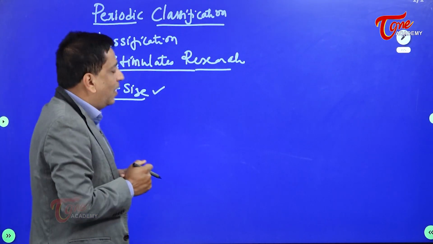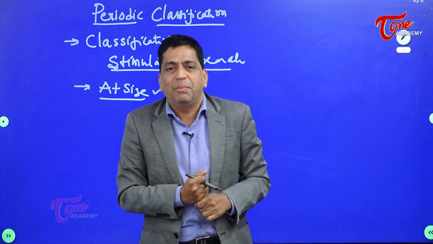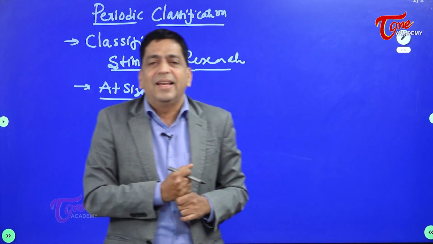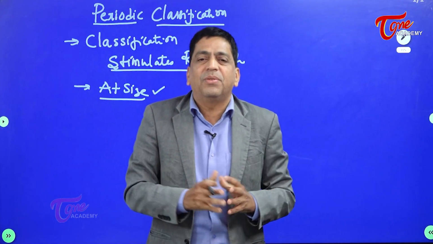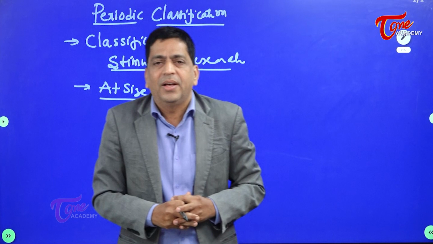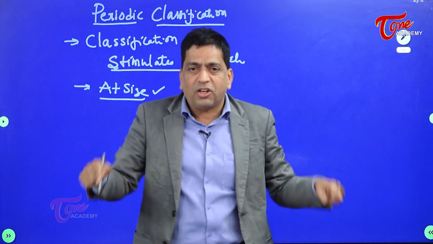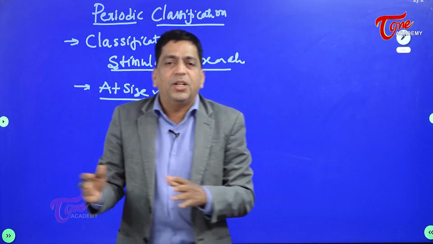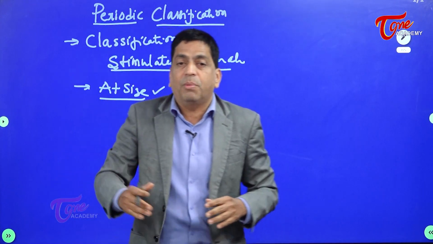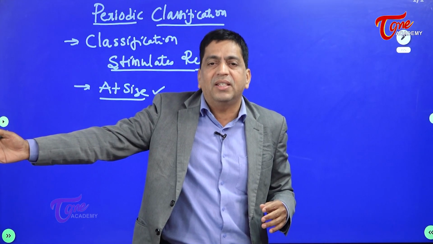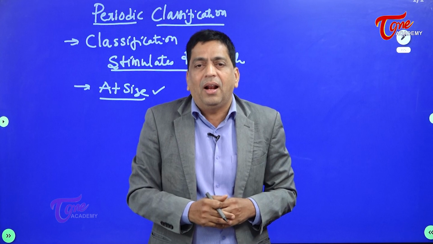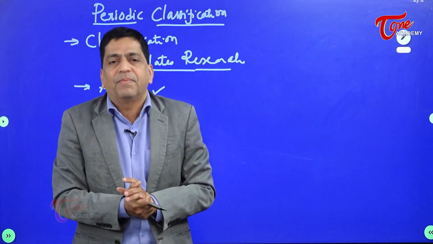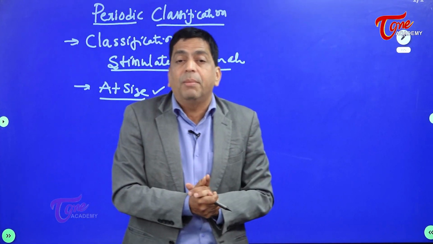Well, let me tell you what you mean by atomic size. Now, if you take any element, lithium, it will have a set of properties. Similarly, sodium will have a separate set of properties. Similarly, an F block element can have a separate set of properties. I'm speaking of chemical properties.